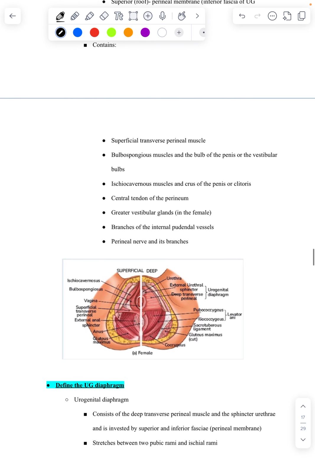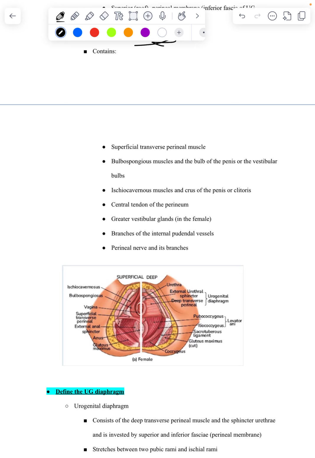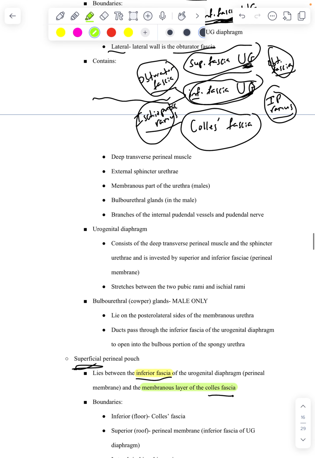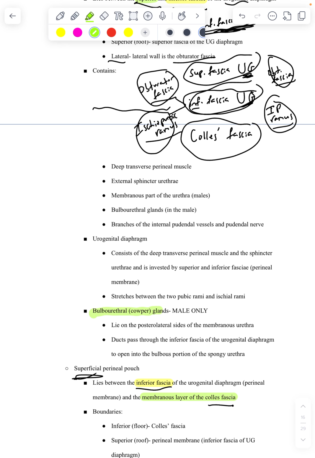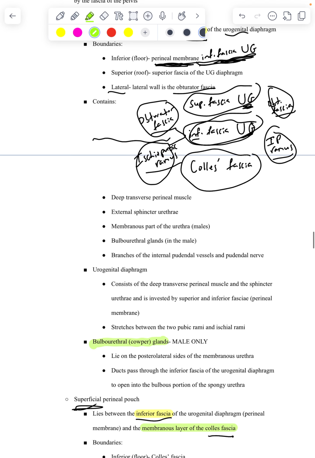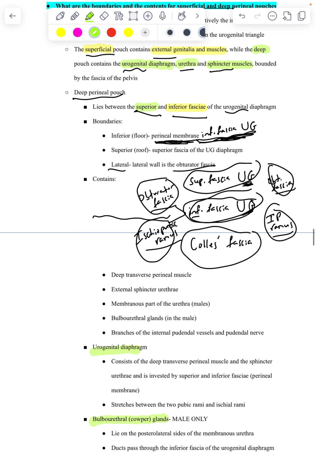That makes sense. And then this is a picture that shows the different features. I don't know how detailed she wants us to be with this. Some of the key things are that in males only, you'll get the bulbourethral glands. And the urogenital diaphragm, we already said, is in the deep perineal pouch.